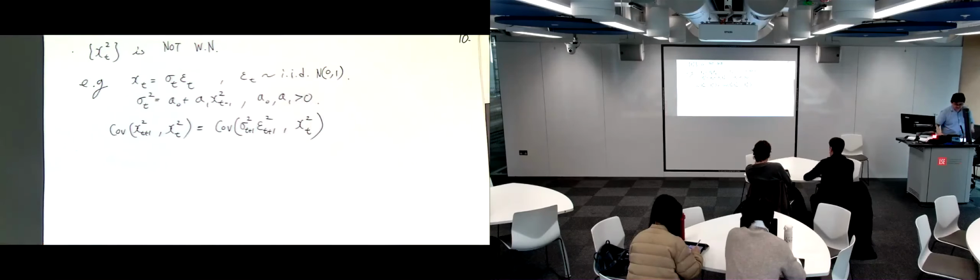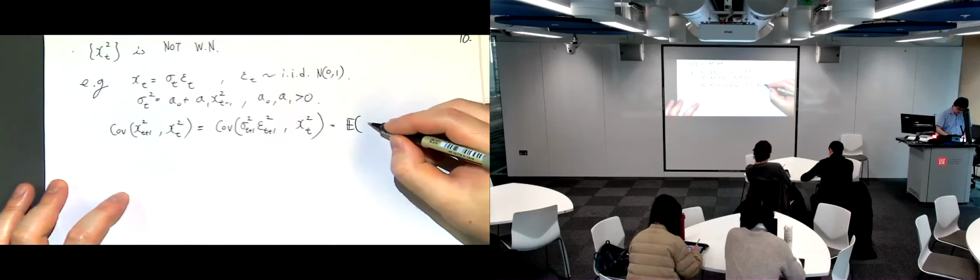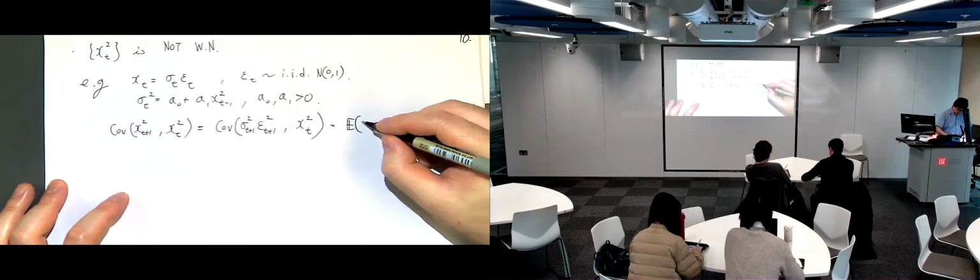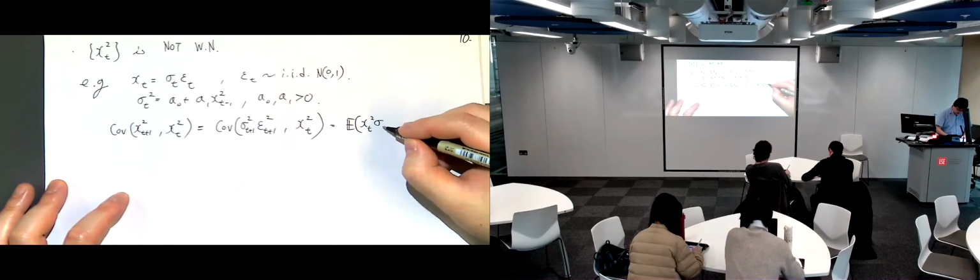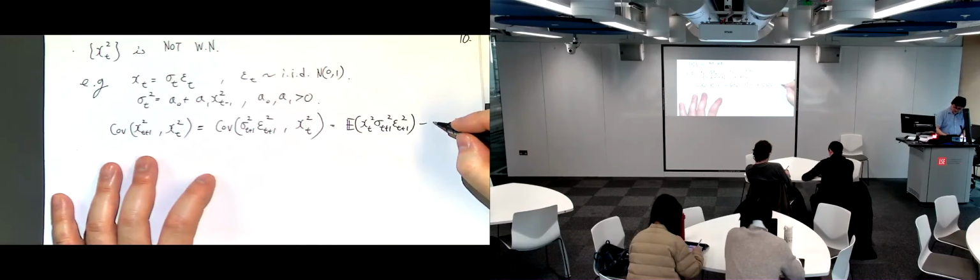Let's not expand xt first. So this equals the expectation of the product of everything, and then minus the individual products.